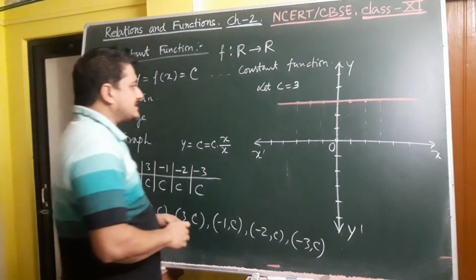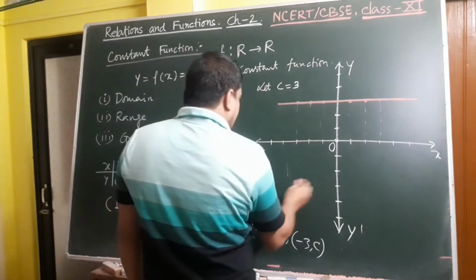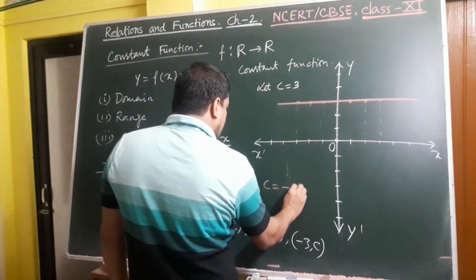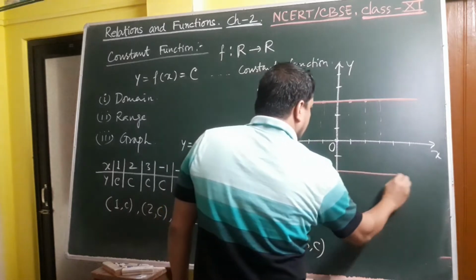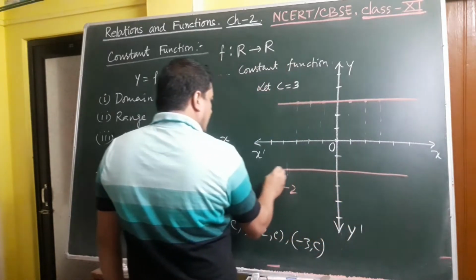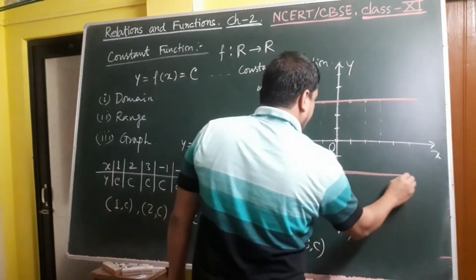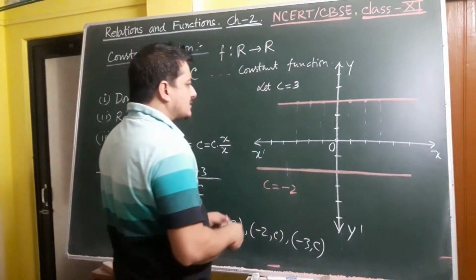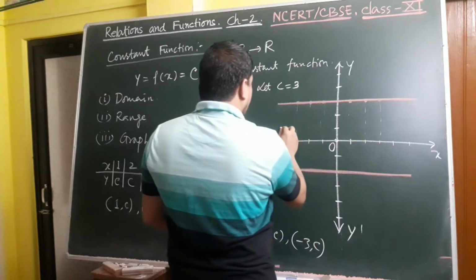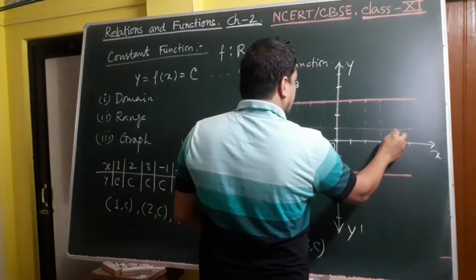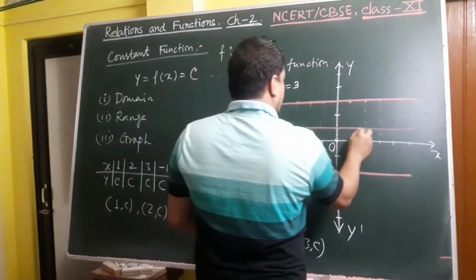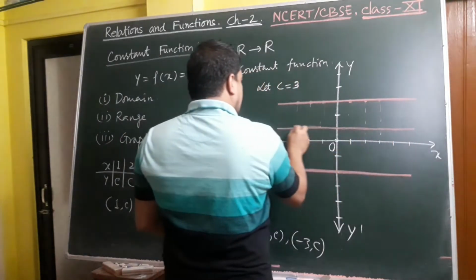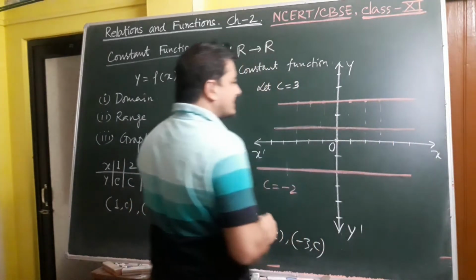If the value of c is minus 2, then it will pass through this, so this will be the graph. It can be any other value, like c is equal to 1, so then it will pass through 1 like this. Its position depends on the value of c.